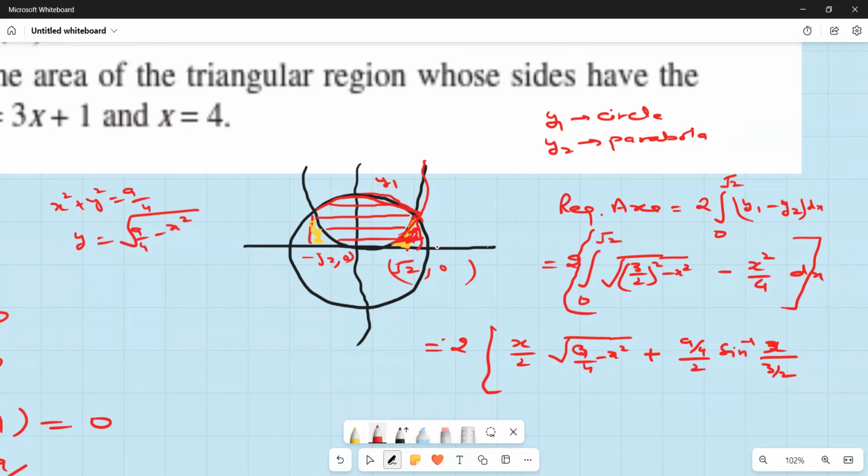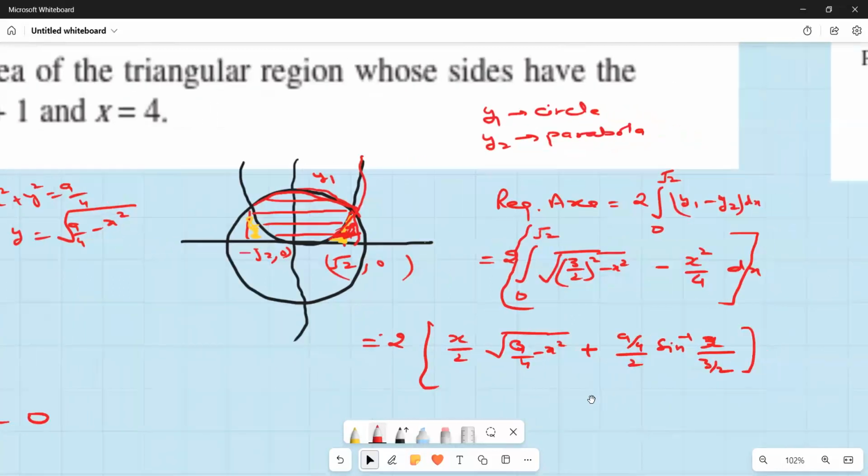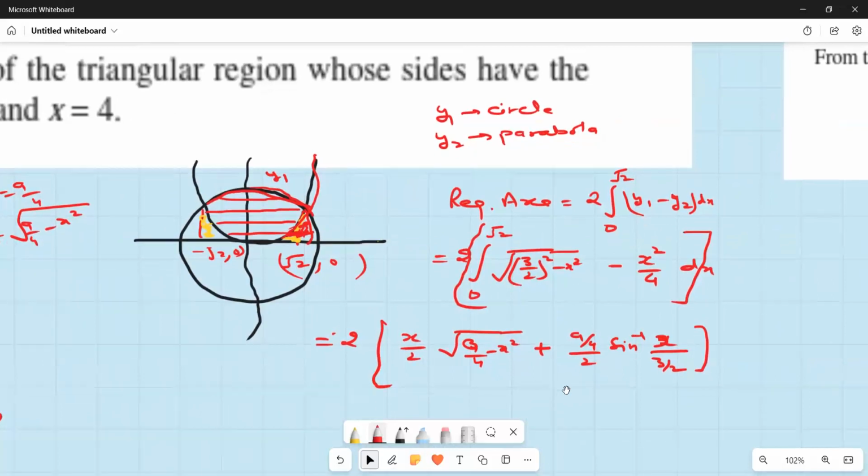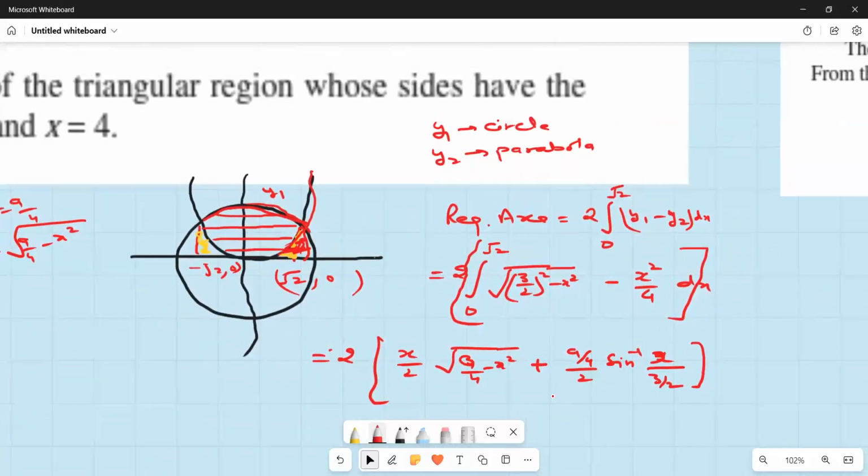This is your integration, minus x cube by 12. Upper limit to lower limit is 0 to root 2, right?